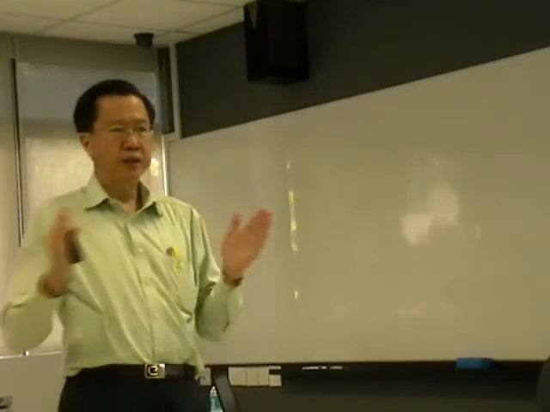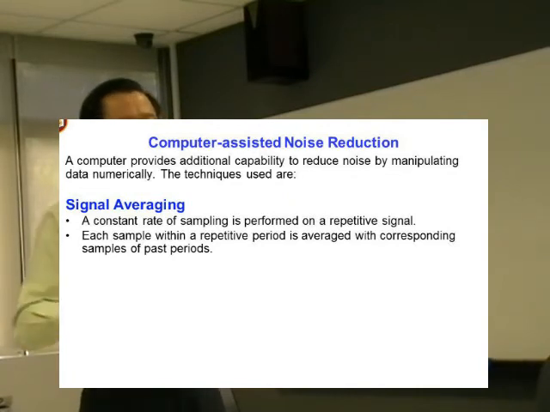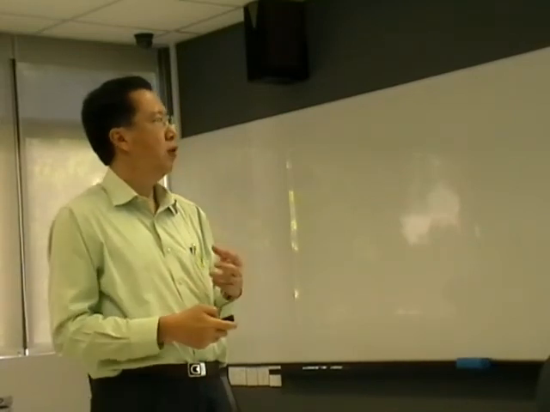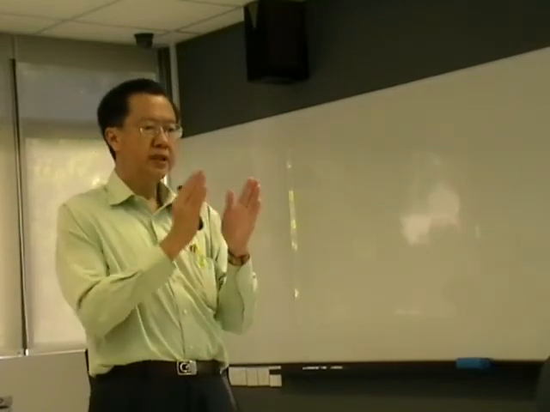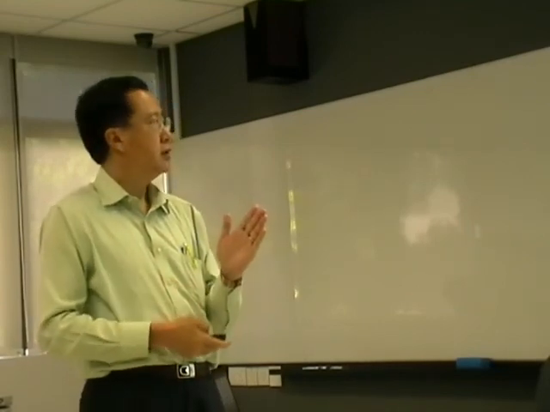And if it is periodic enough, and you can find a point, let's say the maximum point of the signal, like the ECG QRS complex, you align the signal there, and average the same signal over and over again. So sample for sample, you just add on and you average it.